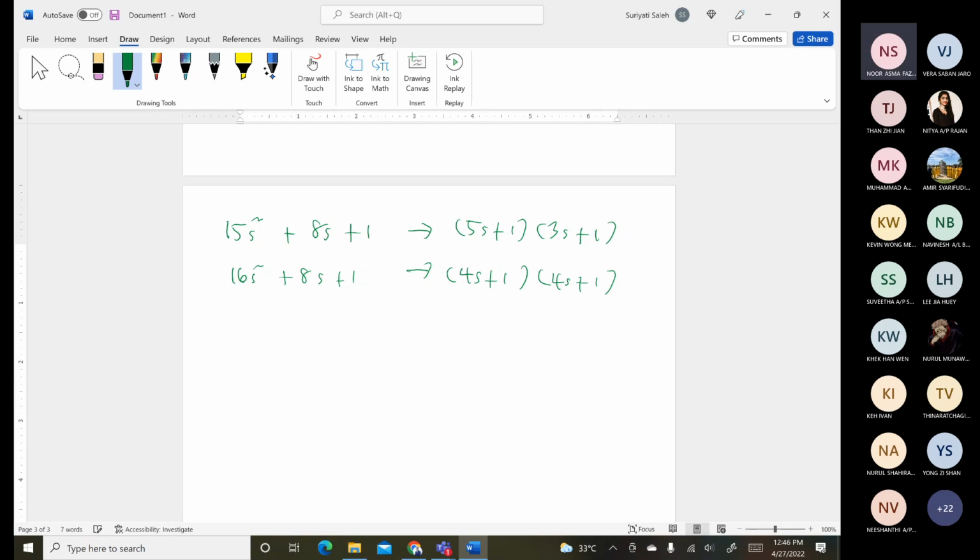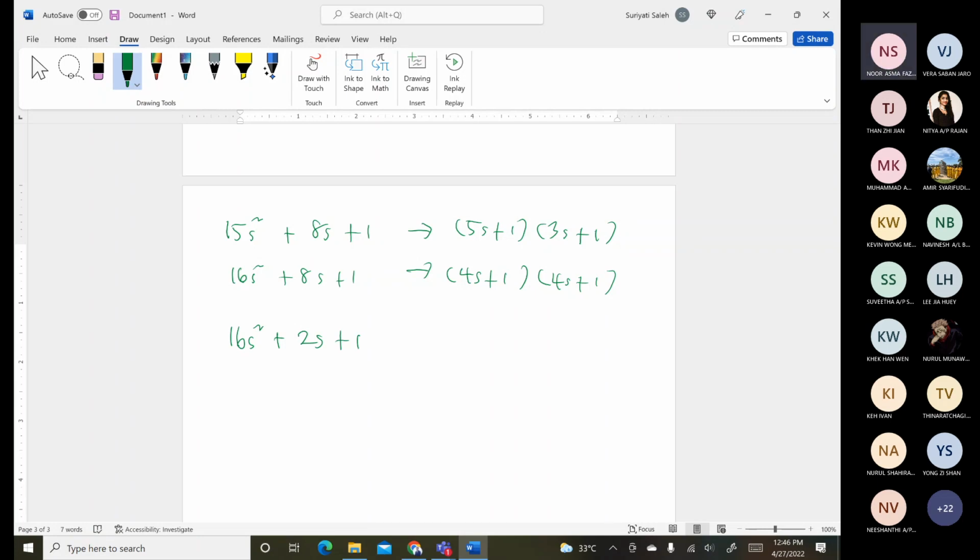So this is the equation or the mathematical model that can be factorized, which contributes to the similar roots or unequal roots. In some cases, the equation cannot be factorized. For example, 16s squared plus 2s plus 1.